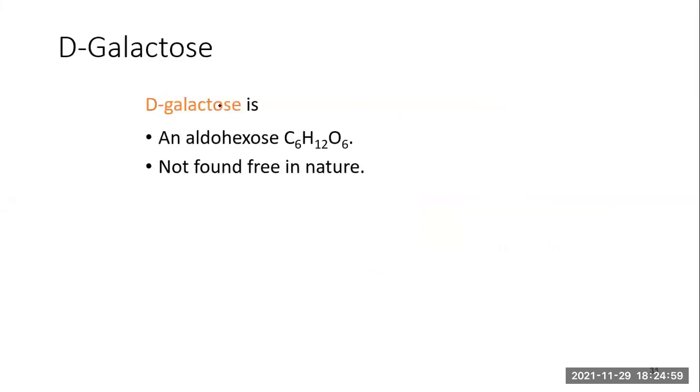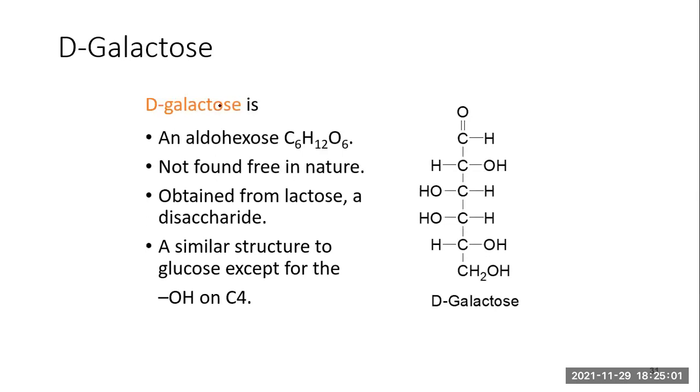Galactose as well is another one that shares the same molecular formula. It's not found free in nature. It's obtained through the disaccharide known as lactose. It has a very similar structure to glucose, except for carbon number 4 and the location of the OH group. So remember, up here is carbon 1, that's carbon 2, carbon 3, and carbon 4.